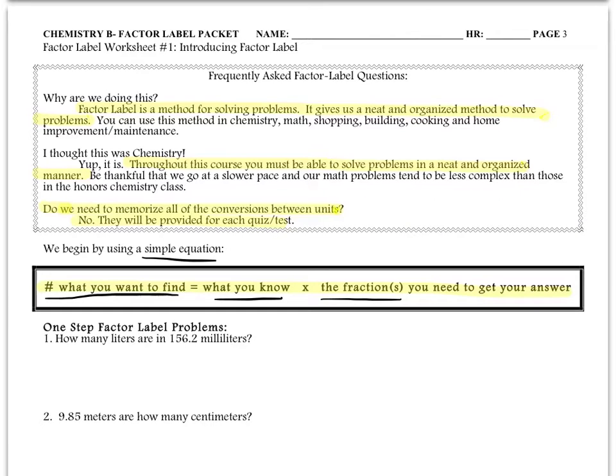So what do I mean by a conversion factor, right? You might know, for example, that 1 liter equals 1,000 milliliters. Okay, and if you didn't, that's okay, because we'll provide these to you.